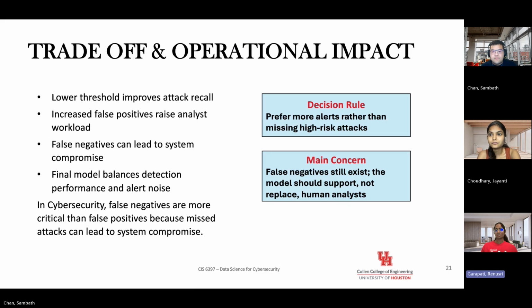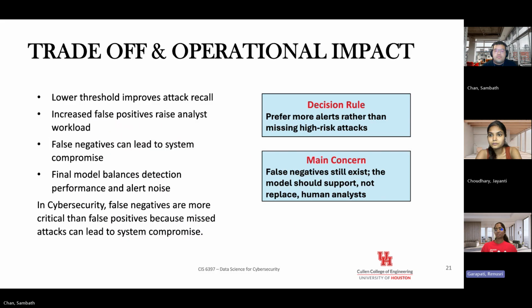While tuning the threshold, we observed a clear trade-off: lowering the threshold value increased recall and reduced missed attacks, but it also increased false positives, which means more false alerts, where we have to spend more time chasing the positive data while leaving the actual negative data behind, the attacks, where enterprises lose millions.